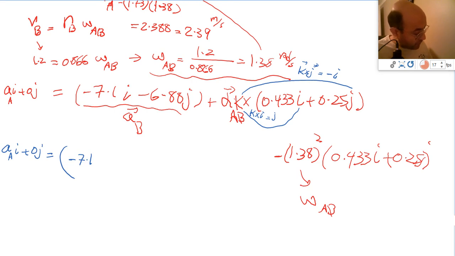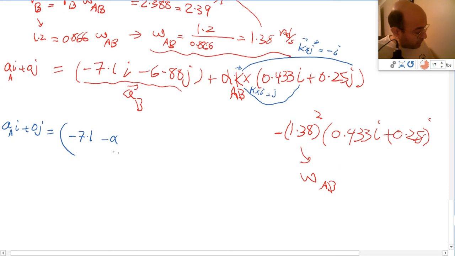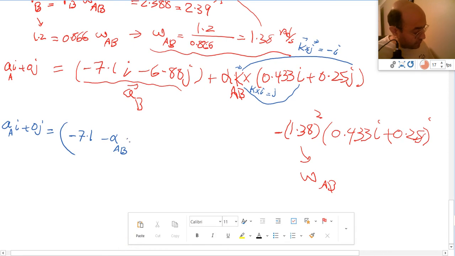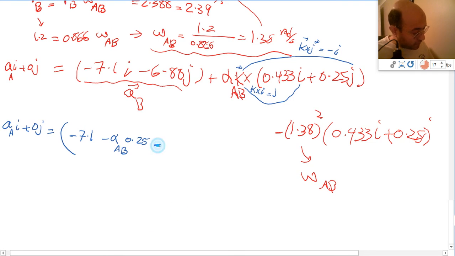There is a minus in there, so it will be minus alpha AB, the arrow is on the K, so minus alpha AB times 0.25, and then the next one is minus 1.38 to the power of 2 times 0.433. That's everything for the I.